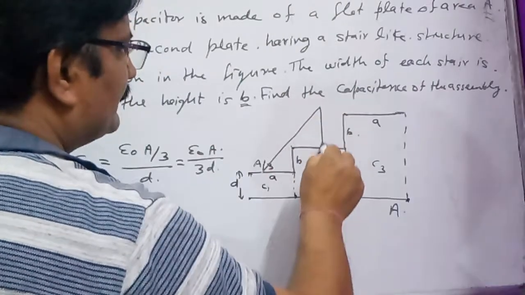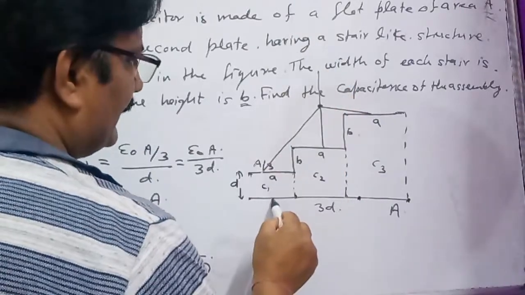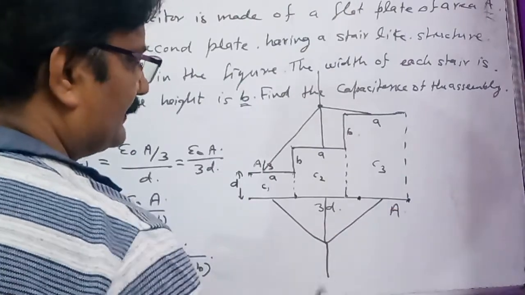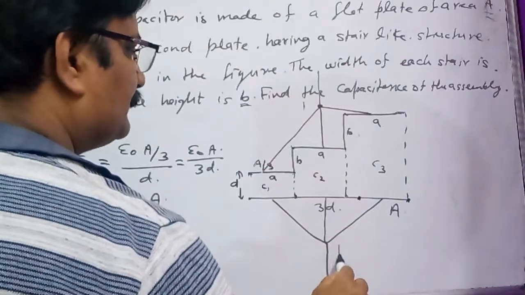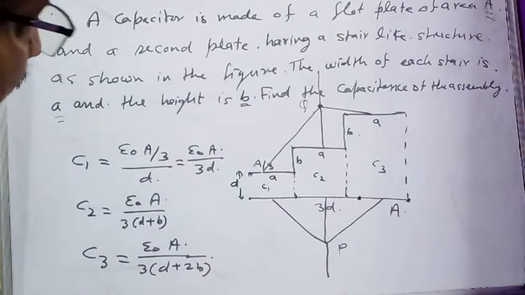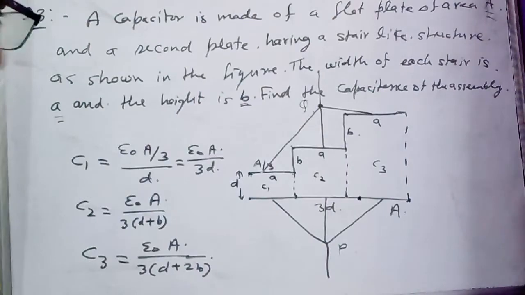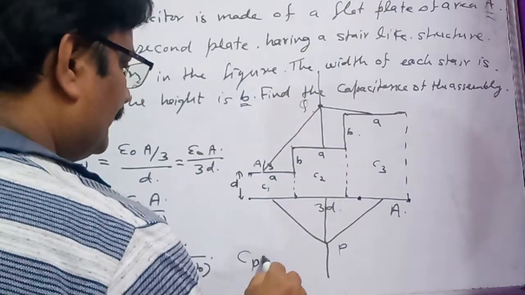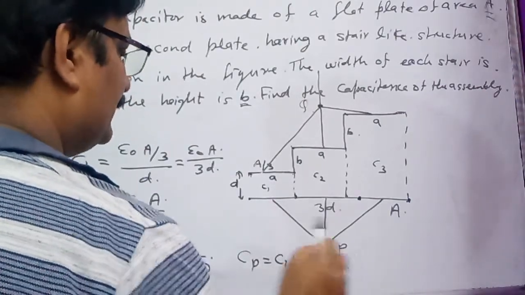If you join these capacitors between two common points, this side and this side, suppose this point is P and this point is Q, then what is the equivalent capacitance of these three capacitors, as they are connected in parallel? The formula for the parallel combination of capacitors: Cp equals C1 plus C2 plus C3.